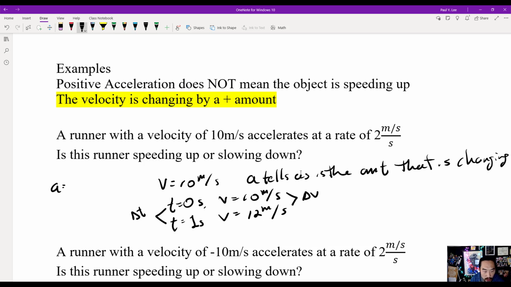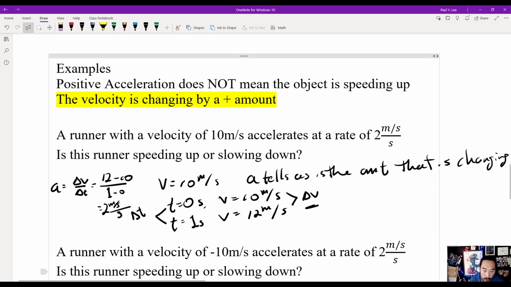And as a reminder, acceleration is the change in velocity over the change in time. And so acceleration will be 12 minus 10 over 1 minus 0. So this right here gives us 2 meters per second for every second. Okay, and that's where those units come in. So this shows us that the velocity is changing by a ratio of 2 for every second that passes.